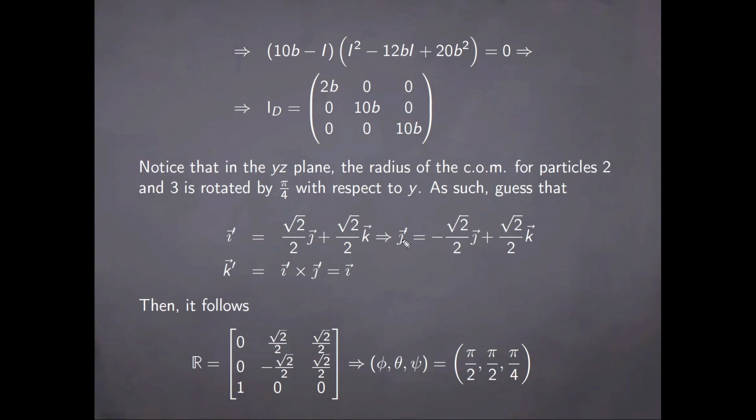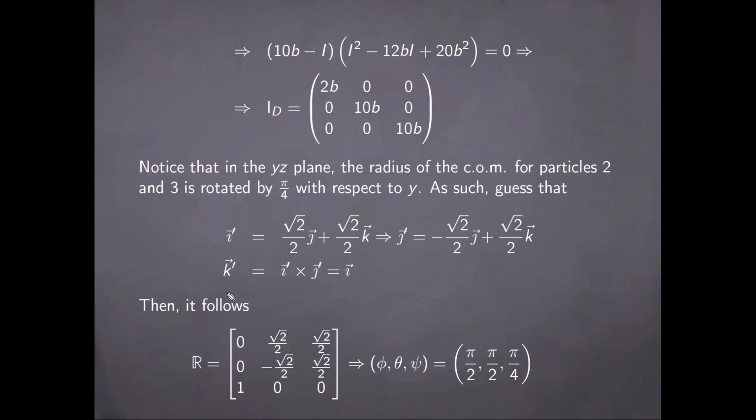Then the J prime axis is simply going to be orthogonal to it, but still in the yz plane. And then the K prime axis is just their cross product, and it will be given by the original direction of I, so the original x-axis.